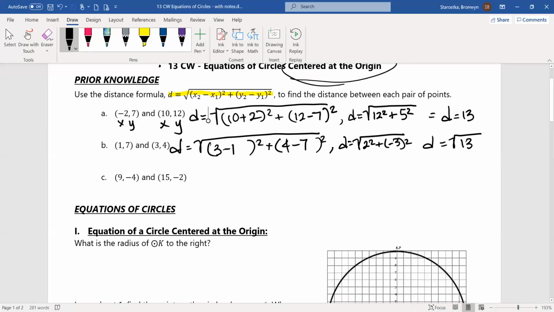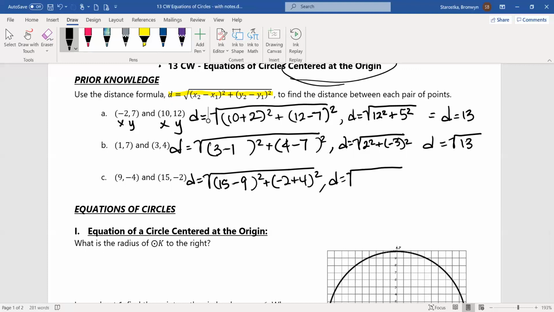And here we go. Equals square root. We've got 15 minus 9. And we have negative 2 minus a minus 4, so plus 4, equals square root 15 minus 9.